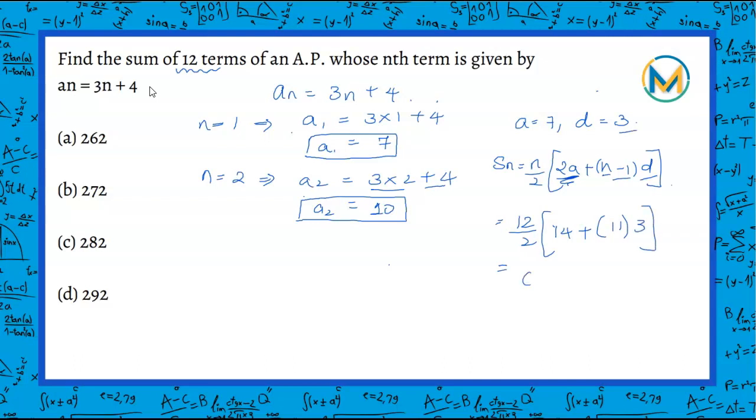So this can be written as 6 into 14 plus 33. This can be written as 6 into 47. When we multiply, we get the answer as 282, which is option C, 282.